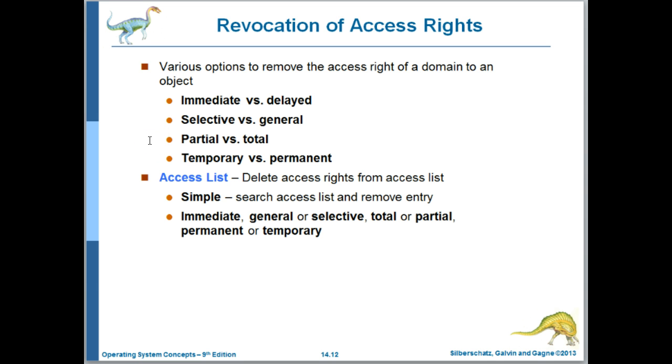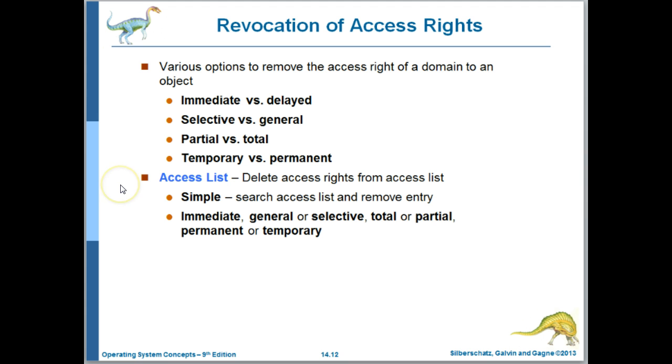Partial versus total: are all the access rights for the object removed, or can we specify that only a subset of all the access rights be removed? And then finally, if we revoke an access right, is it possible for it to be granted back to the domain at some point in time?